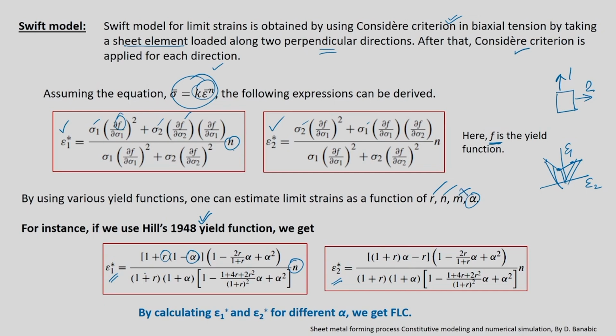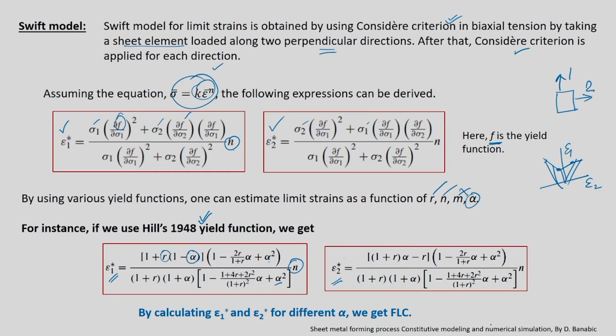This is a simple expression: 1 plus r into 1 minus alpha into 1 minus 2r by 1 plus r into alpha plus alpha square, divided by 1 plus r into 1 plus alpha into 1 minus 1 plus 4r plus 2r square divided by 1 plus r square alpha plus alpha square, into n. Similarly, epsilon 2 star can be estimated from this equation.